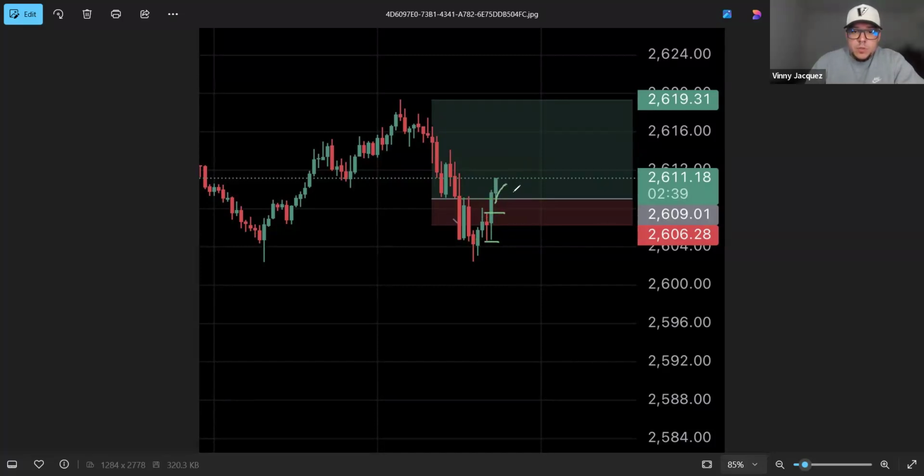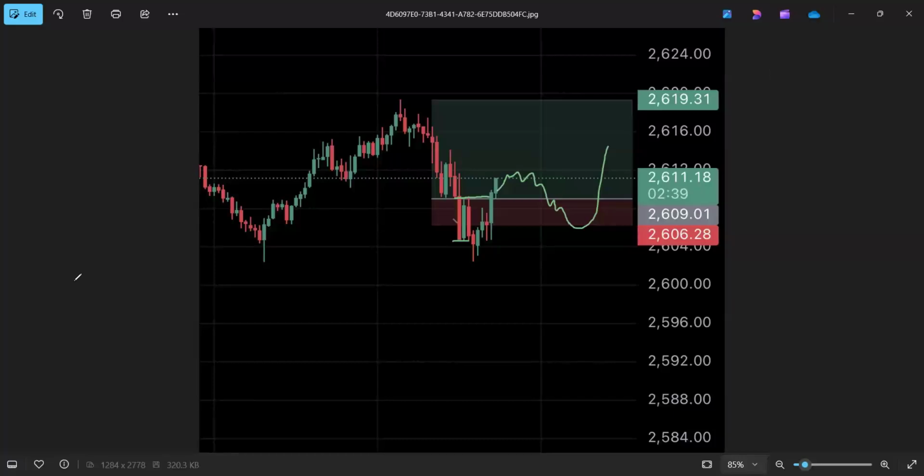So I would have waited for the market to come back down, give me an entry, and then shift the market back up. But as far as looking at a change of character and what you want to see, you kind of have it down. But remember, you want to have the market come back down, come pick us up.